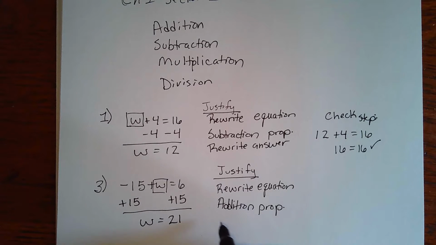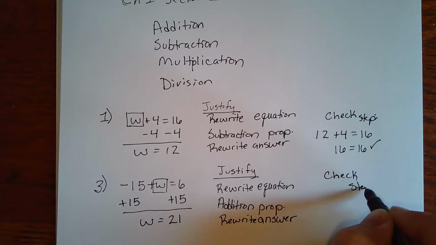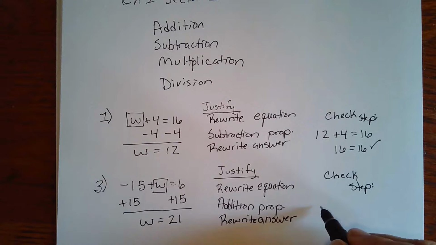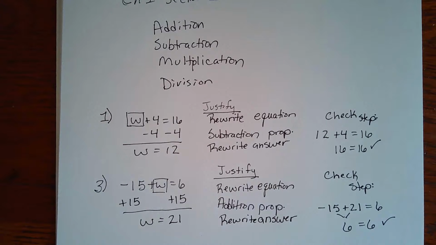So we know that our final step is rewrite answer in my justification. And then over here for my check step, we are going to show negative 15 plus 21 equals 6. If you add those two, you get 6 equals 6, which is the correct answer.